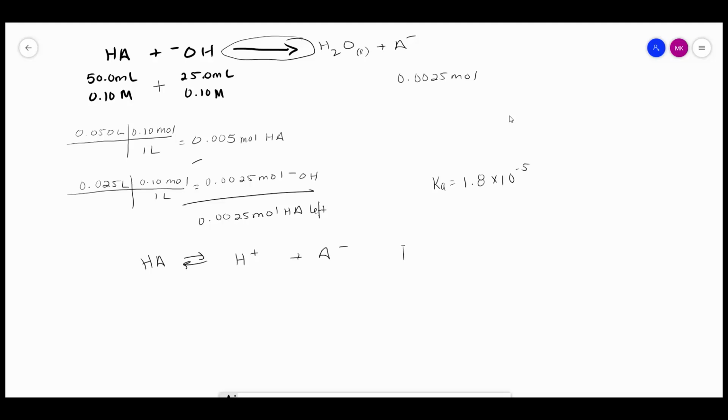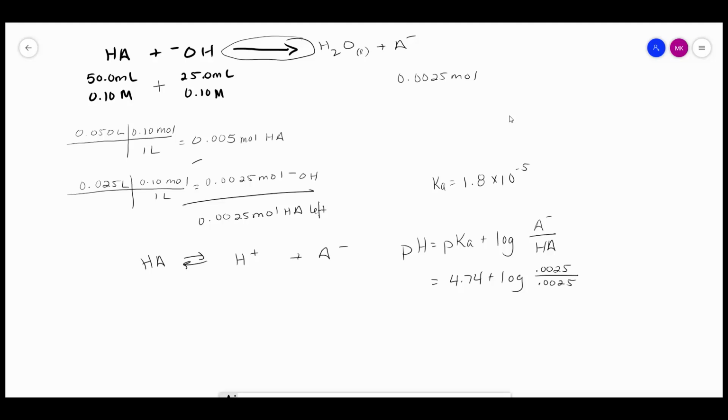I'm just going to use the Henderson-Hasselbalch: pH equals pKa plus the log of the ratio of the moles of conjugate base to weak acid. So the pKa is 4.74, and the A minus now is 0.0025, and the HA is what is left, also 0.0025.